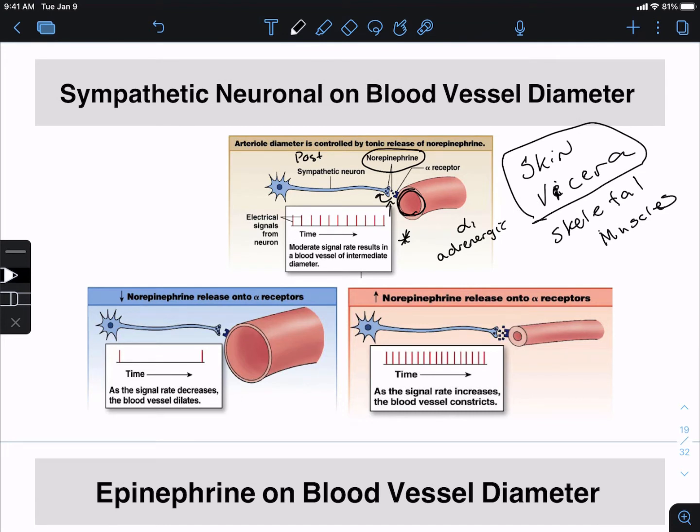But if we increase the frequency, compare this frequency to this one, and you can even see the amount of neurotransmitter shown in this picture. Lots more neurotransmitter in the synaptic cleft. And that means we're going to have even more of the alpha-1 receptors activated. And it's a numbers game, so we're going to have a bunch more of those activated, and we are going to get more vasoconstriction.